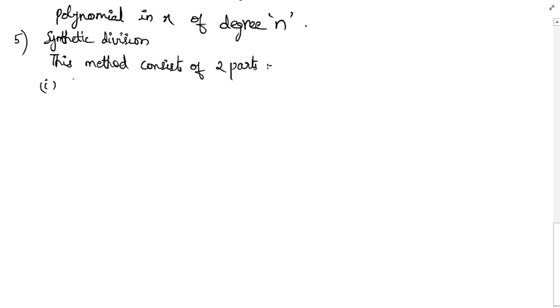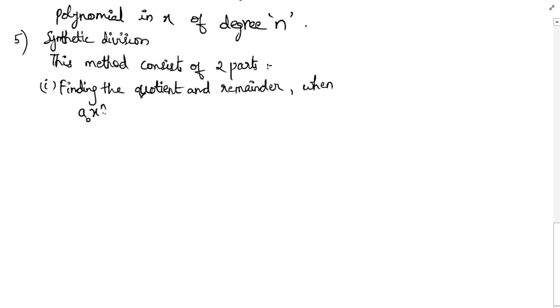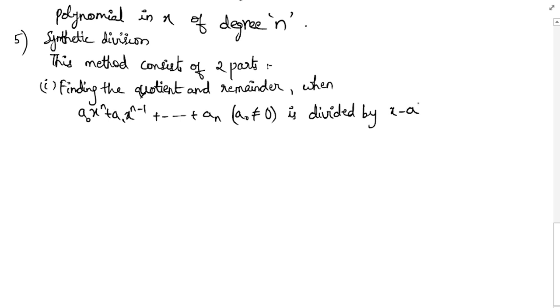The first part is finding the quotient and remainder when a0 x^n plus a1 x^(n minus 1), this is a polynomial, right, and so on up to an, where a0 is not equal to 0, is divided by x minus a.